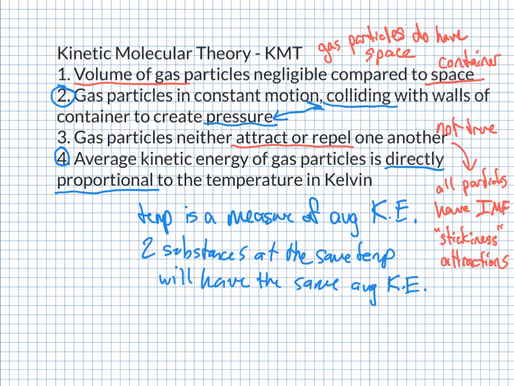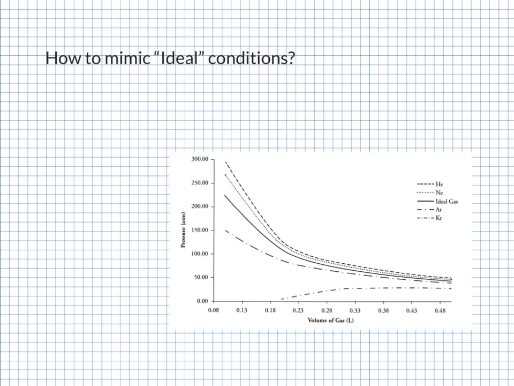That happens because of positives and negatives. Stickier things are going to be more problematic for kinetic molecular theory than things that are not as sticky, which behave more the way everything else in this section has said they would. So what do we do about this? We need to know how to mimic ideal conditions. We need to overcome the volume issue, and we need to overcome the stickiness issue.